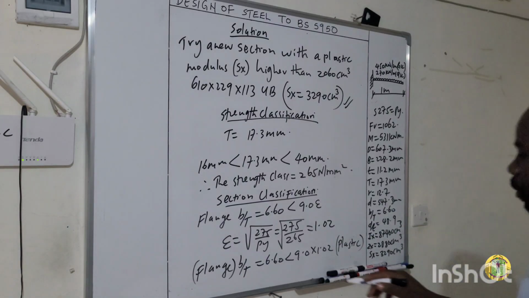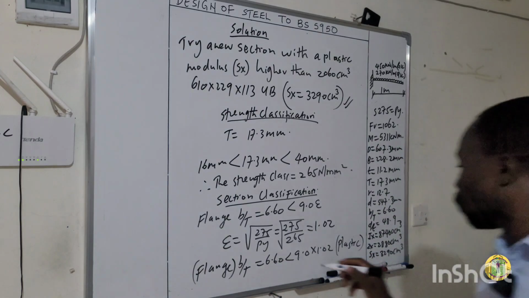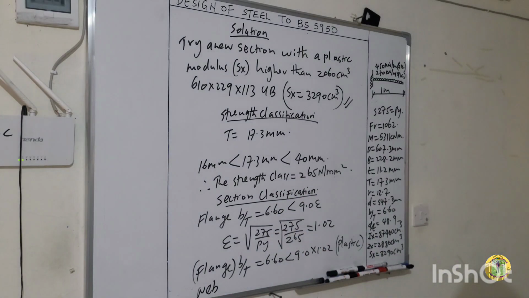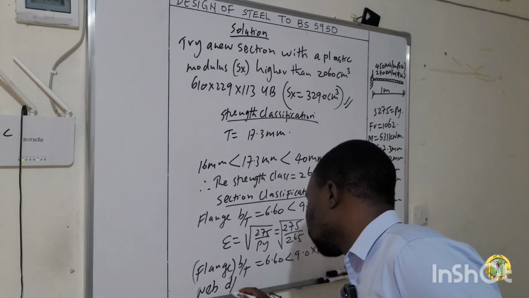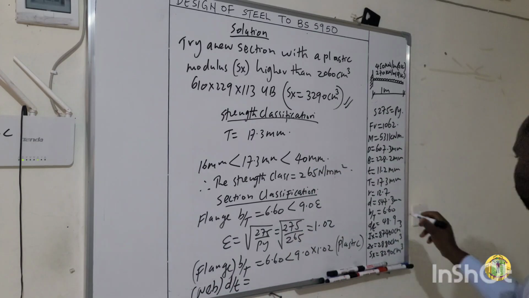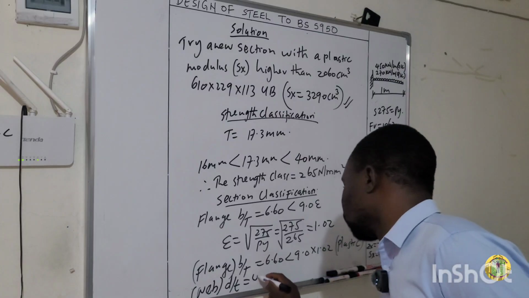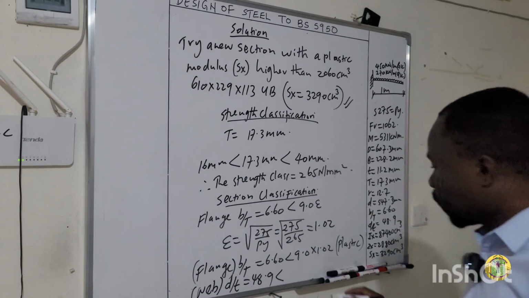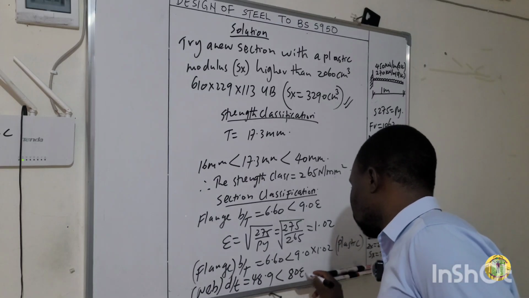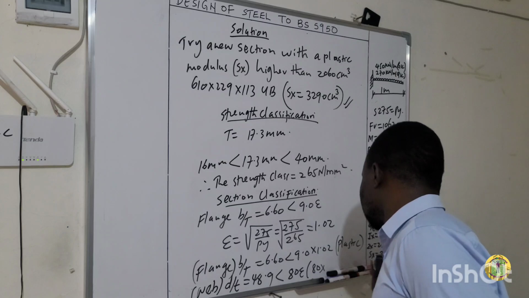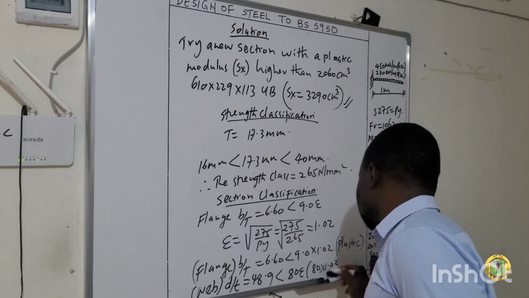So flange is plastic. We go for the web. So web, we will use this d over small t, which is equal to 48.9. So this one is less than, from the table, 80 times 1.02.